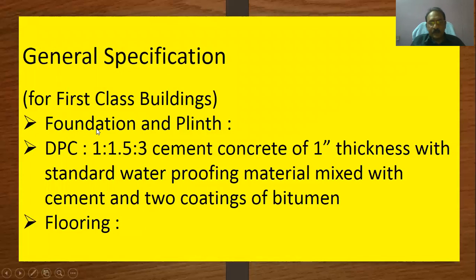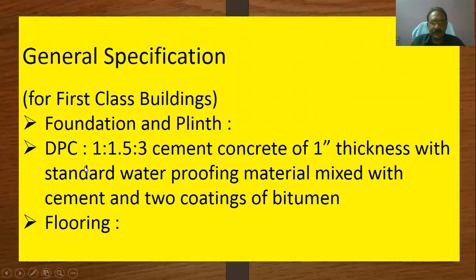Similarly, DPC, damp proof course. Generally, this is provided on the top of the plinth, nearly 200 mm or 250 mm, 1 inch thickness, with standard waterproof material mixed with two coatings of bitumen. Presently, we are generally using at least 100 mm concrete instead of DPC.